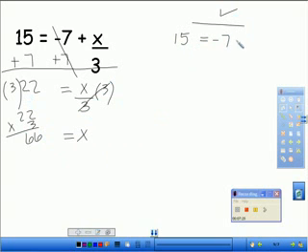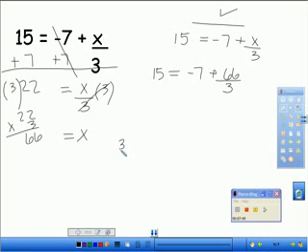15 equals negative 7 plus x divided by 3. And I'm going to plug in my answer, which is 66 for x. So 15 equals negative 7 plus 66 divided by 3.